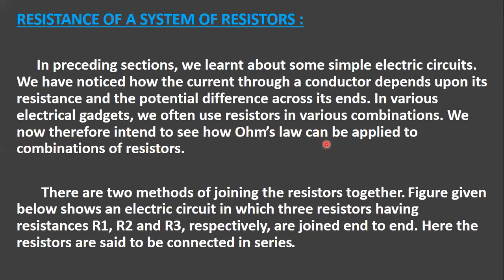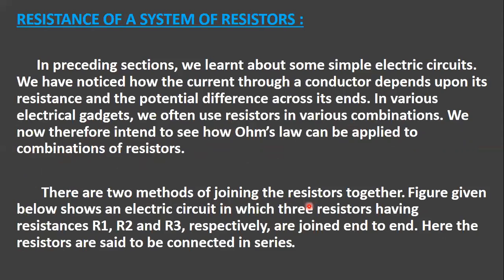Ohm's law, as I have already told: the potential difference V across the ends of a given metallic wire in an electric circuit is directly proportional to the current flowing through it, provided the temperature remains the same. That is V is directly proportional to I, V equals IR. Here we will apply this to the combination of resistors.